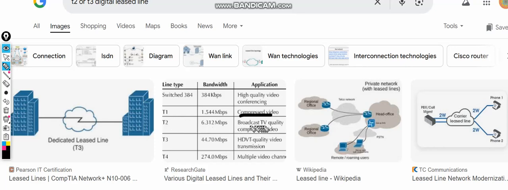Application is broadcast TV quality compressed video. T3 is 44.70 Mbps, HDTV quality video transmission. T4 is 274 Mbps, multiple video channels. So these are T1, T2, T3, the dedicated leased lines.